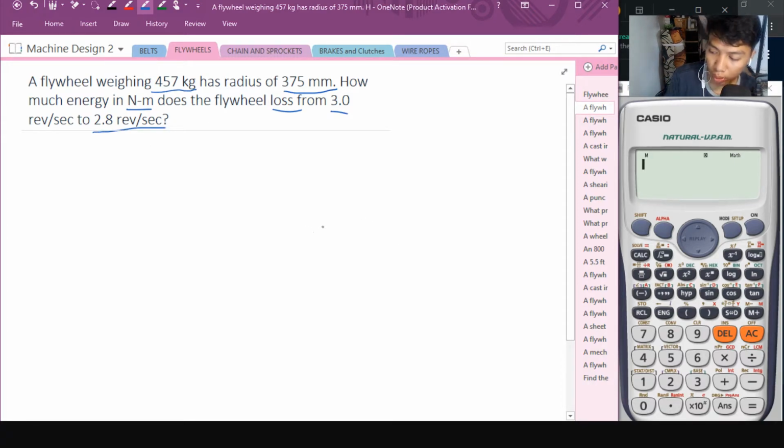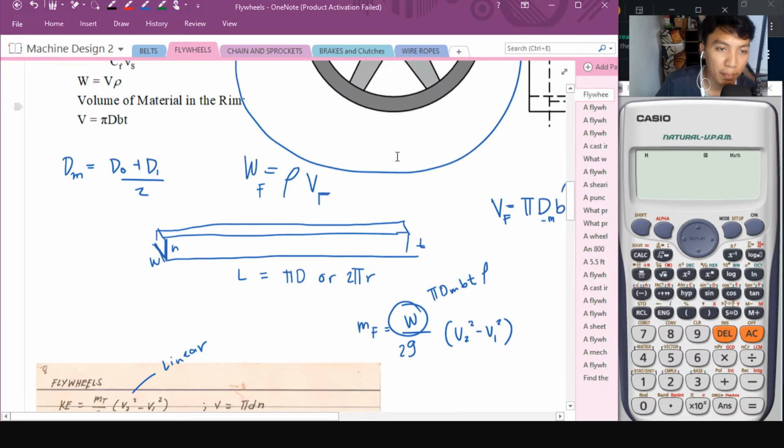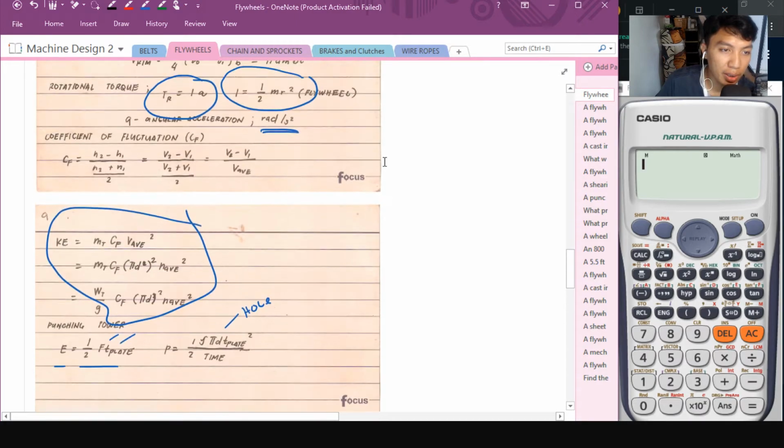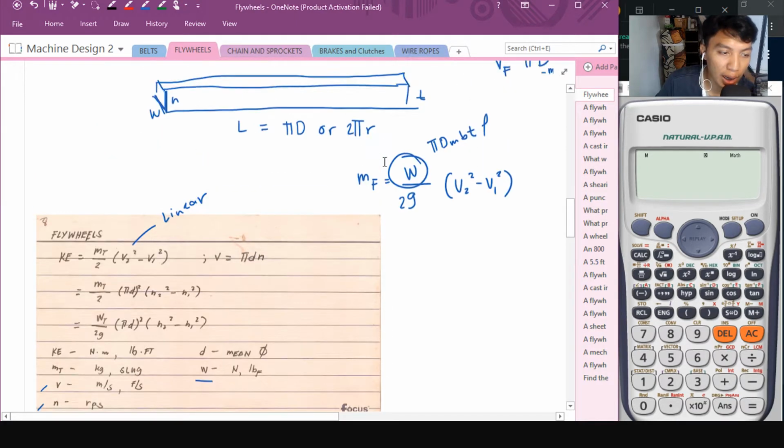So, loss of energy. You are given there yung V. So, N1 and then given there na N2. Energy loss ang pinag-uusapan. So, that is negative. So, recall natin. Let us recall. What is the energy change in your flywheel? O, ayan yung energy change in flywheel mo. The energy change in your flywheel is given by this formula.